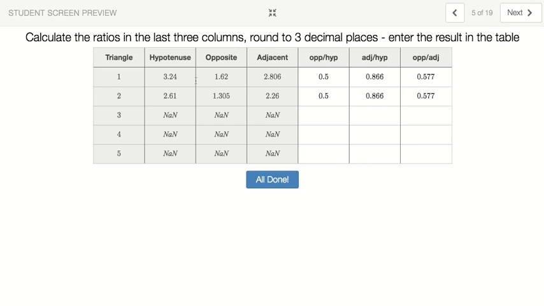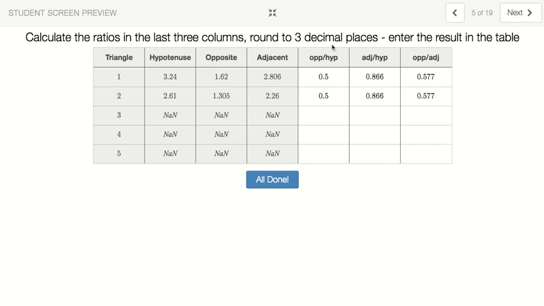Then you're going to set up the ratio opposite over hypotenuse. Here's my opposite value, 1.62 divided by 3.24. You would enter that into a calculator and round to 3 decimal places.